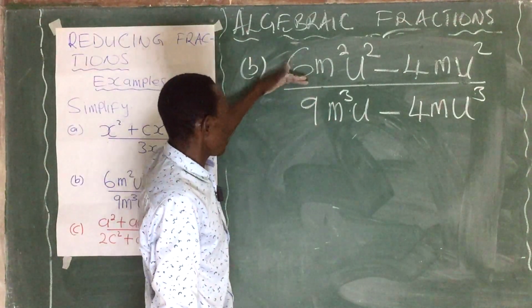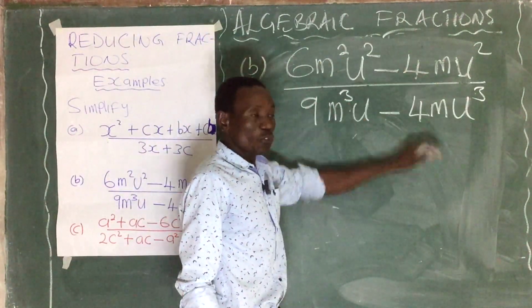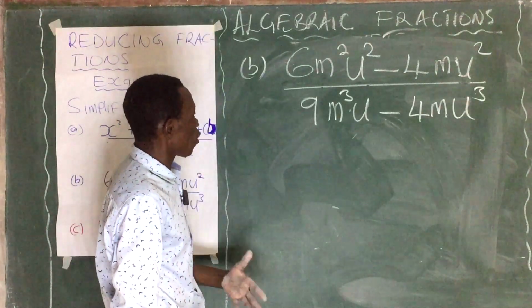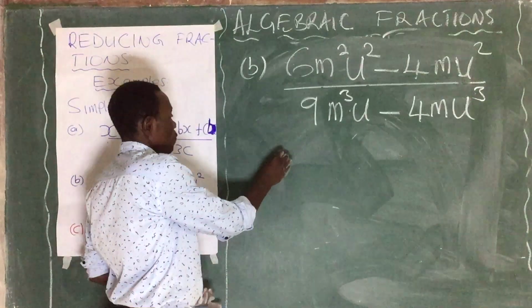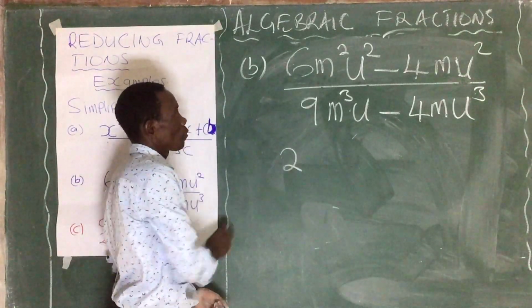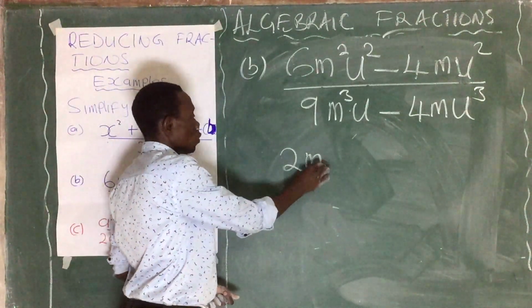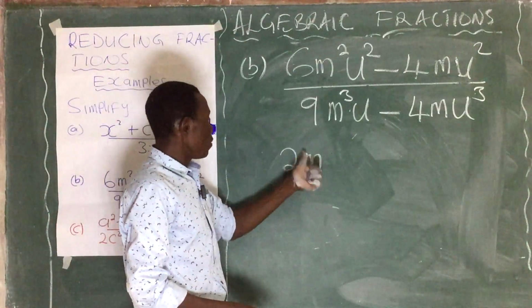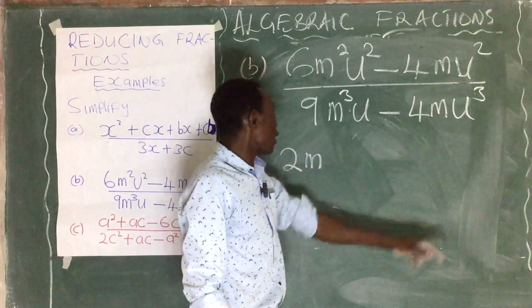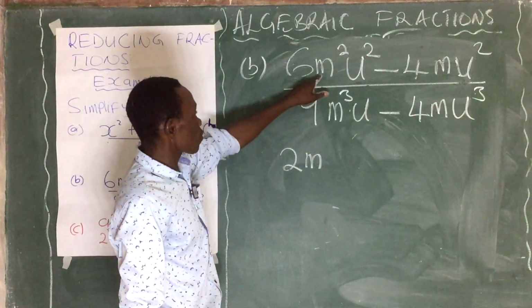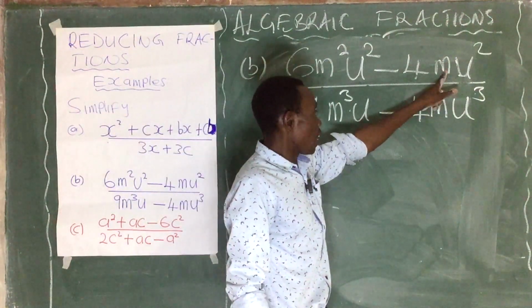So here there's a 6, there's a 4. If you can identify the common factor that can get here and there, you'll see that we have a factor of 2, and then you have got 2m, right? It means the 2 will get into 6 and also into 4. It's a common factor. And the m will get into m squared and also into the m.